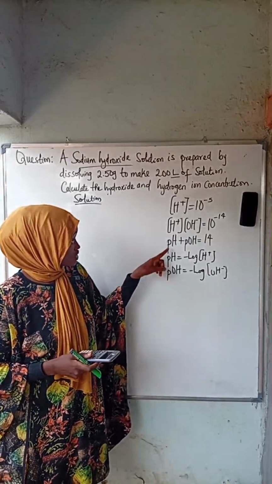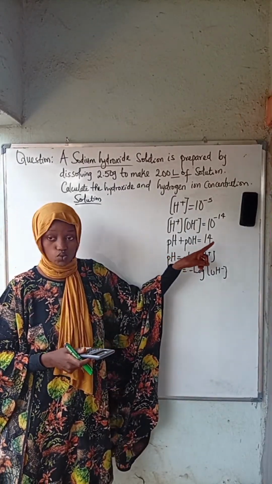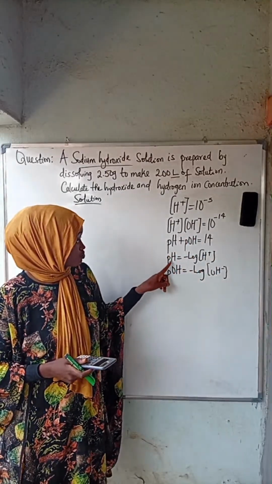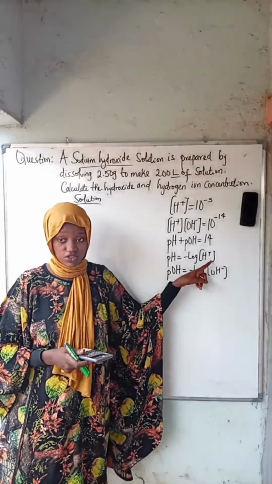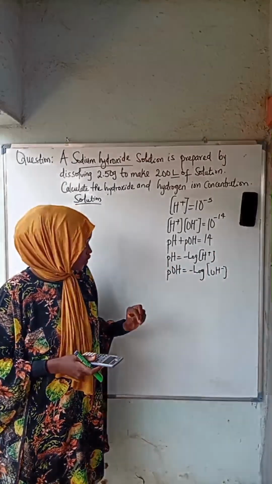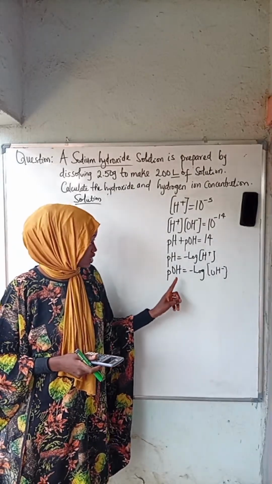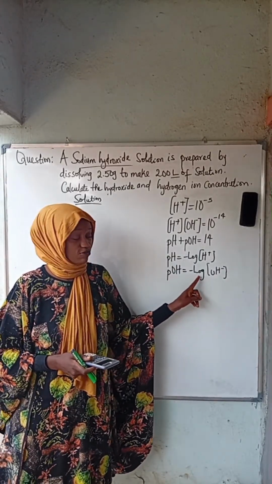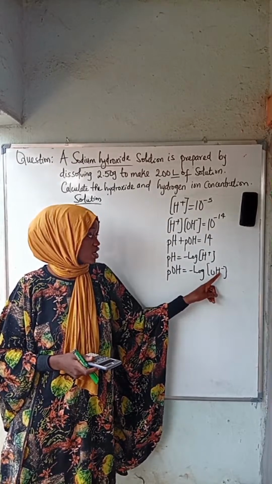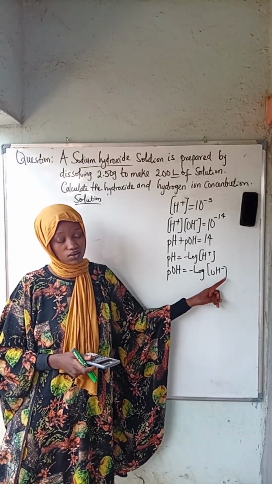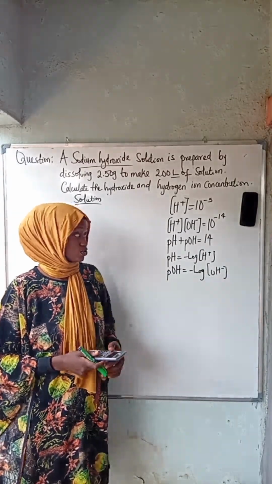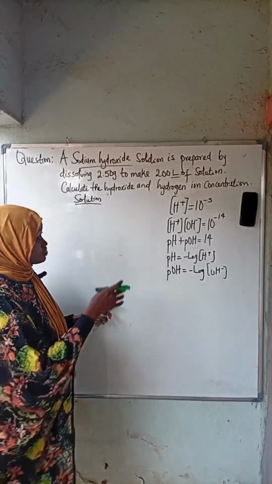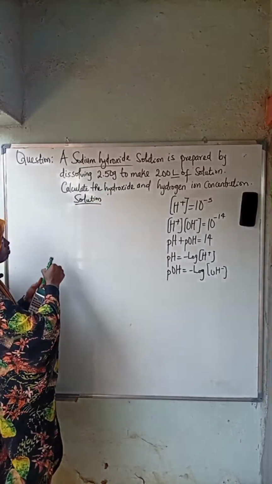We have another one which says pH plus pOH is equal to 14. We have pH is equal to negative log of hydrogen ion concentration. And we also have the last formula which says pOH is equal to negative log of hydroxide ion concentration.